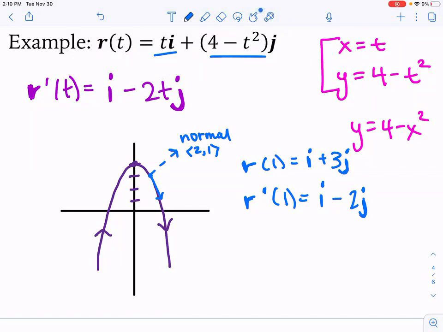On your quiz, you had a question in which I asked you to figure out if there were any places where the curve was not smooth, right?